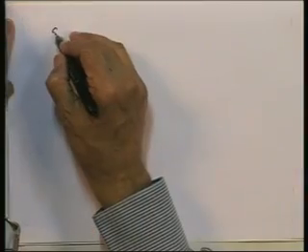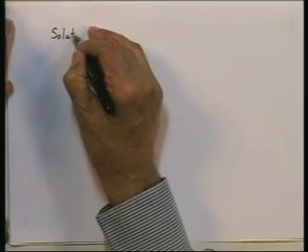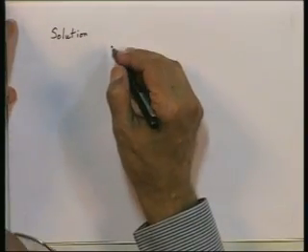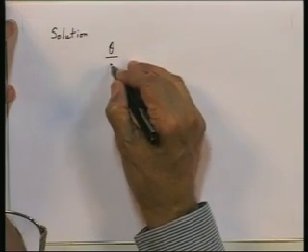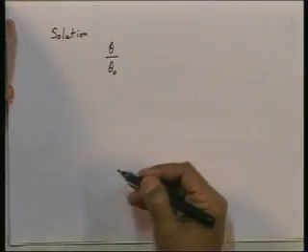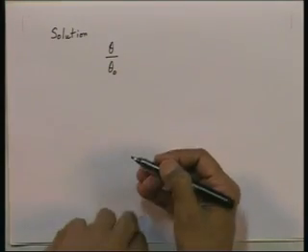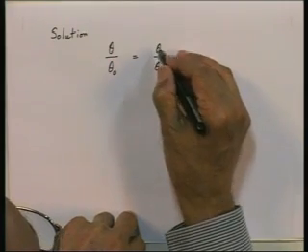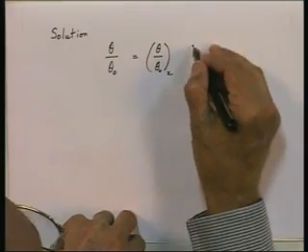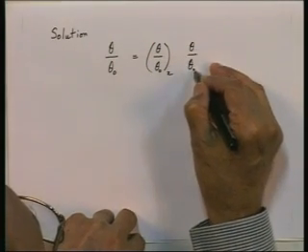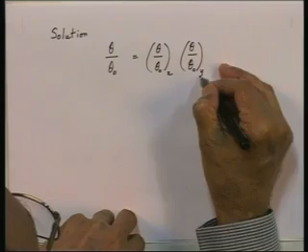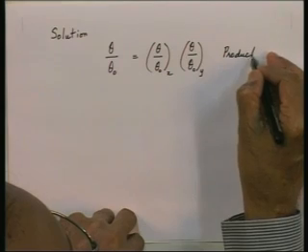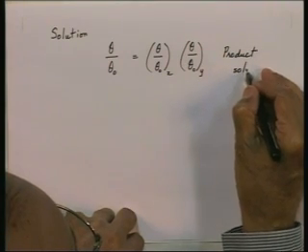It has been shown that the solution to the problem is given by theta by theta naught, the same way that we had for the one dimensional situation, is equal to theta by theta naught x multiplied by theta by theta naught y. This is what we call a product solution, a product type solution.